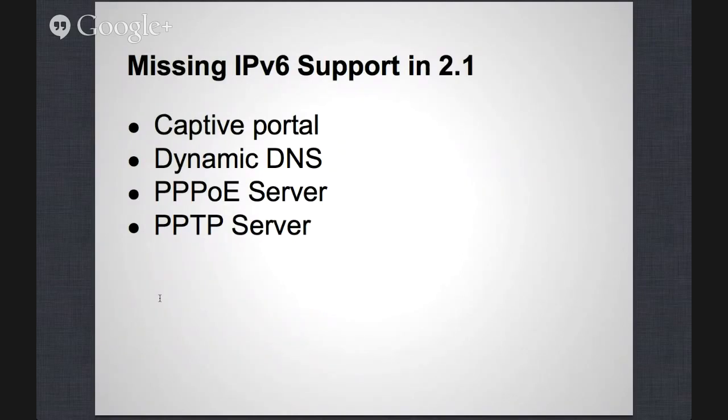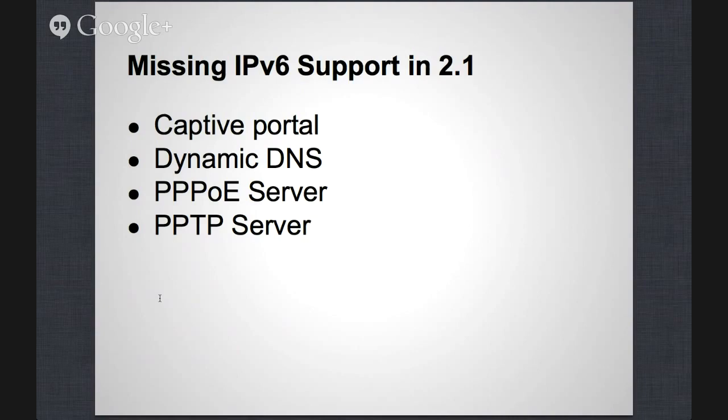There are a few things that are missing IPv6 support. Captive portal is a difficult one, just by the nature of how v6 functions. You want to authenticate both the v4 and the v6 at the same time, and machines will generally have multiple v6 addresses, and those may shift depending on the OS and how it's configured.